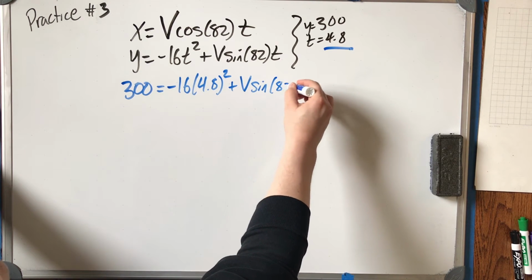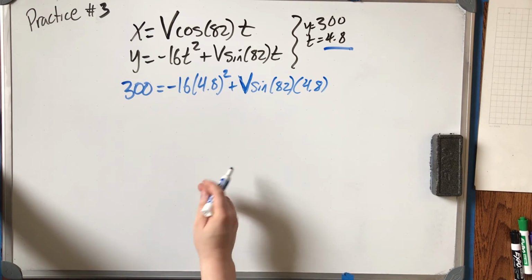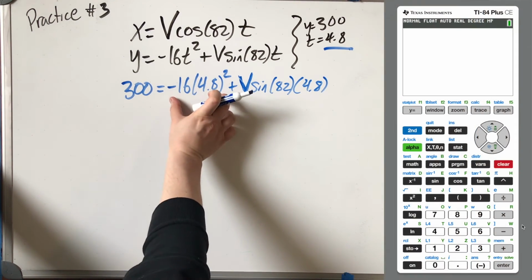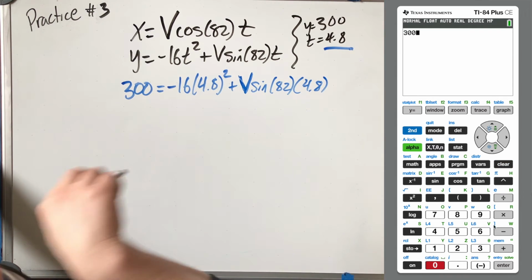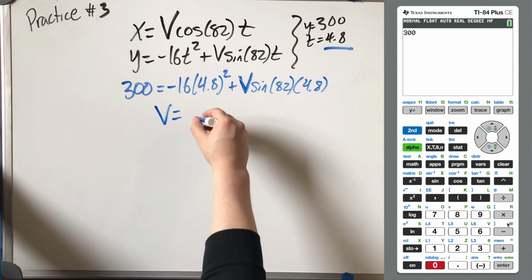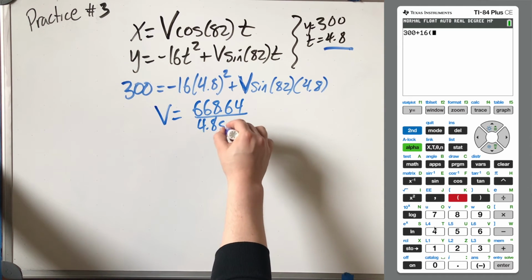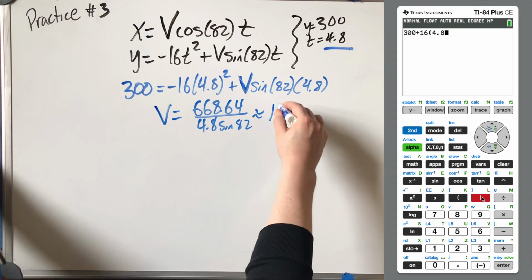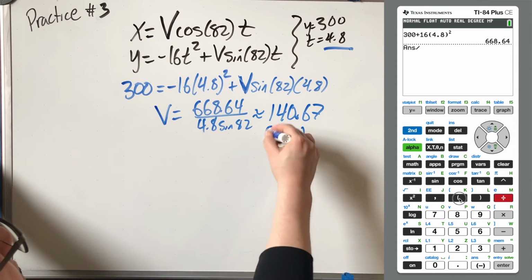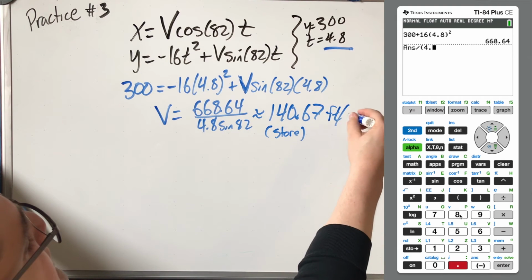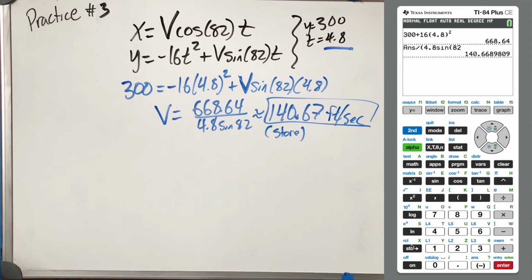I'm just going to add this term to the other side and divide by 4.8 times sine 82. So that's going to give me v equals 668.64 divided by 4.8 sine 82, which is approximately 140.67, which I am going to store because we're going to need it in the next part. And this is a velocity, so it is in feet per second. So that is the answer to this first part.